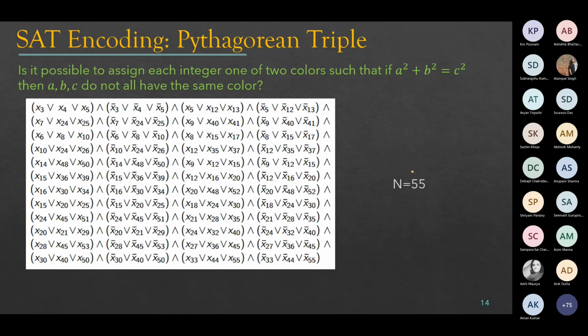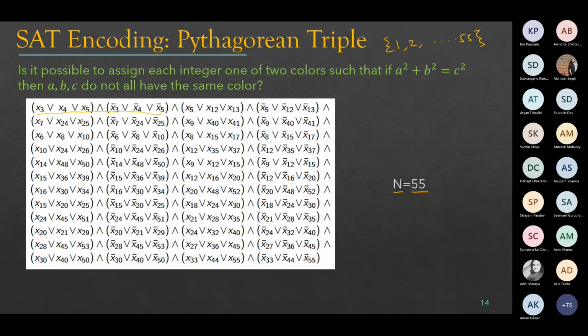This is a problem instance where we have set n to be 55. So what we are doing really, we are looking at the set where we have the integer from 1 to 55, and we are accumulating all the Pythagorean triples. So for example, x3, x4, x5 is a Pythagorean triple. So that means we have to insert this formula in the final formula.